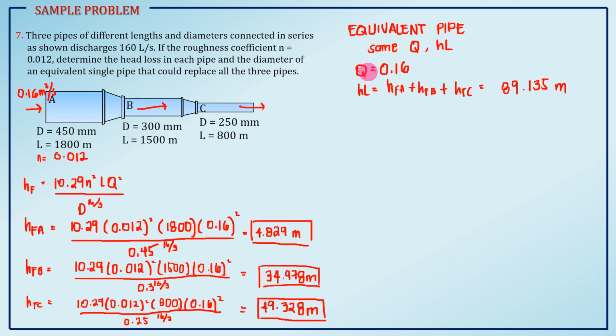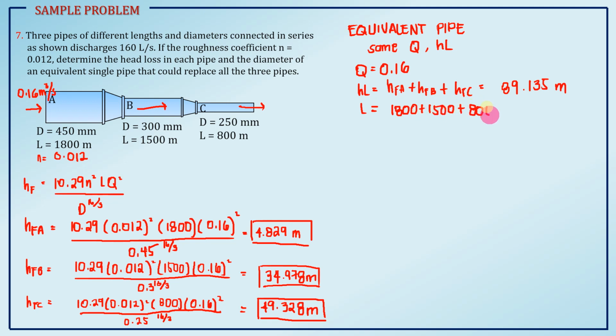So, hindi sinabi dito kung ano yung magiging length. So, the length is equal to the total length din dyan. So, equivalent pipe na same ng magiging length niya. Okay? So, the total length naman is equal to 1,800 plus 1,500 plus 800. Sulat natin.